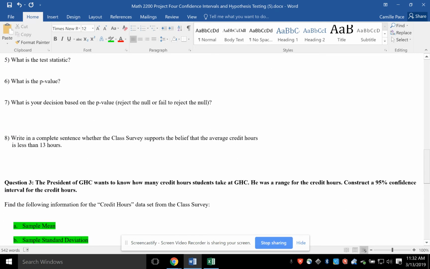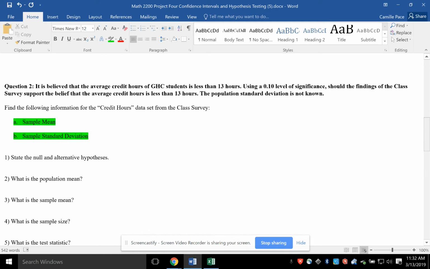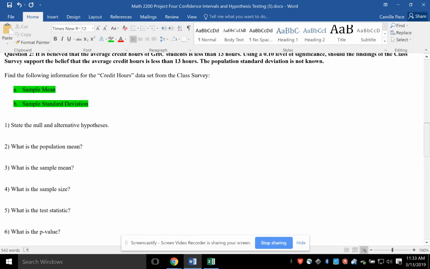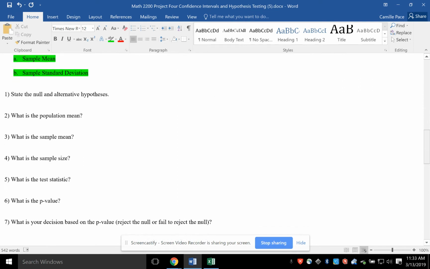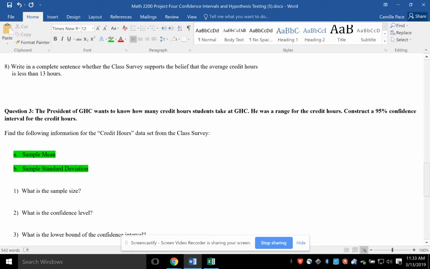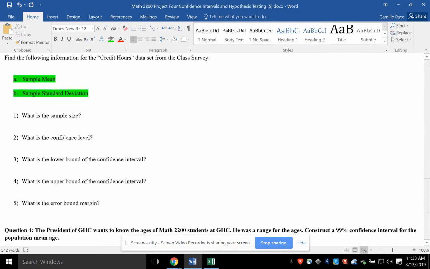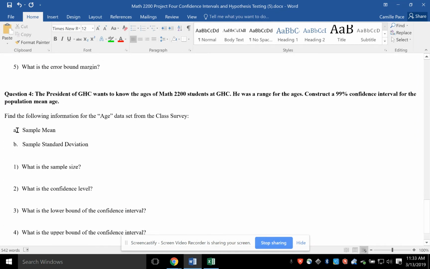It's the same as question 2, so you don't need to do it again. So you solve that. You need to determine if it's a T interval or a Z interval based on a population standard deviation. For question 4, we're going back to ages, and that's what we did in the first one.